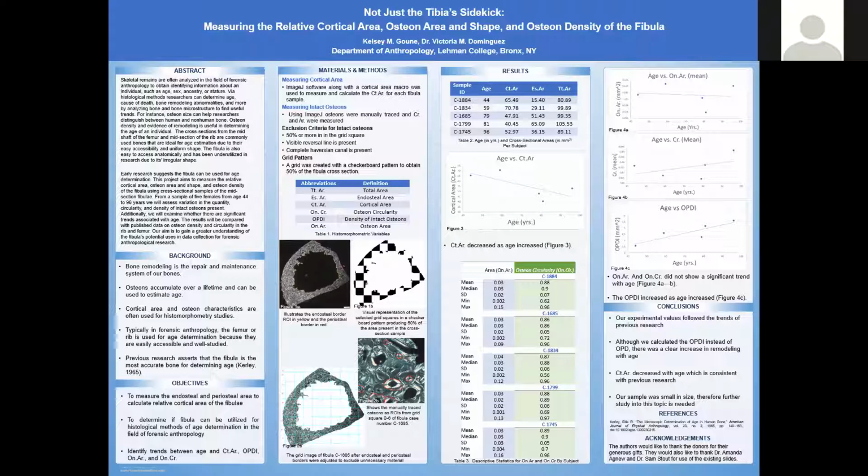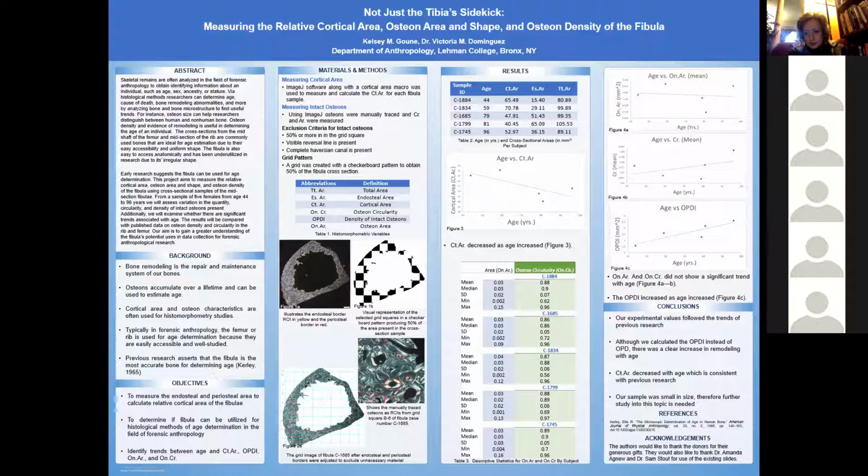And oftentimes skeletal remains are used for this purpose. One of the ways to determine age using skeletal remains is by identifying signs of bone remodeling. Now, bone remodeling is the way in which our bones maintain and repair. It's a system of maintenance and repair.